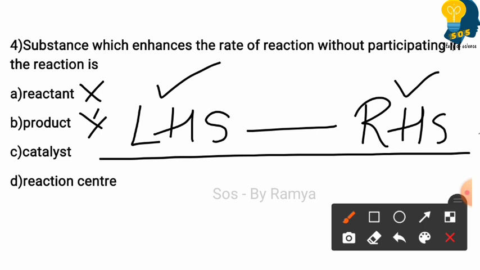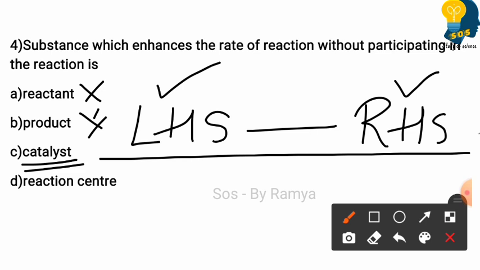So you know what is product and what is reactant now. So when a substance is enhancing, increasing the rate of reaction, without participating, without involving in the reaction, such a thing is called the third option, catalyst. Why catalyst?